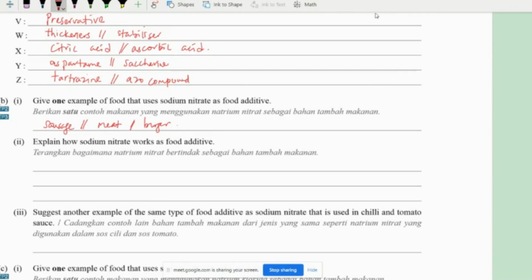Okay. So, food additives here, sodium nitrate, how it works. Is it going to draw out the water?